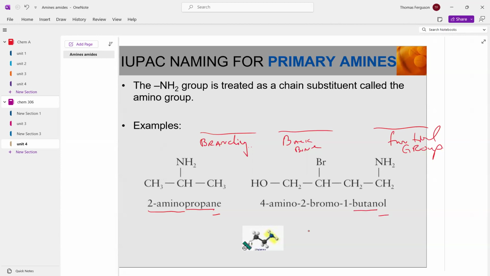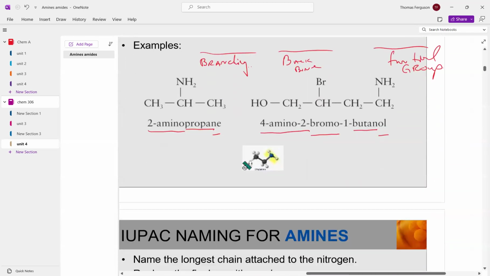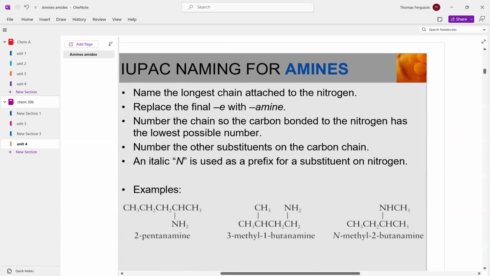And the common names are used a lot. Now, one thing about if you have an amino group that's a branch, you can also have substitutions off the nitrogen. And that's what complicates the IUPAC naming.